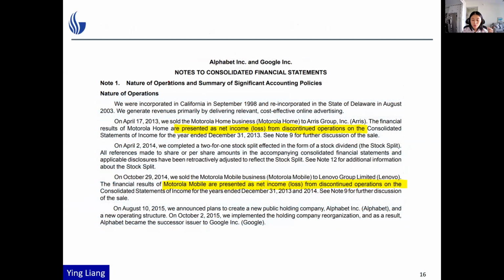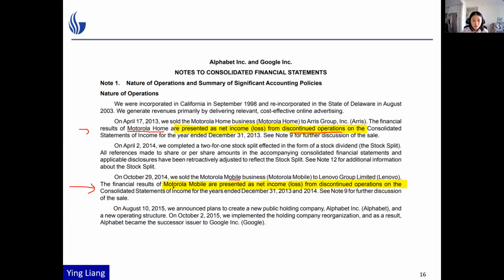This is the note right underneath the income statement of Google. In the second paragraph, in 2013, Google sold the Motorola Home business to Arris Group. The financial results of Motorola Home are presented as net income or loss from discontinued operations. And in the last-but-one paragraph, in 2014, we sold the Motorola Mobile business to Lenovo.